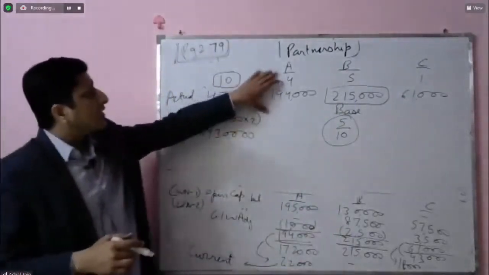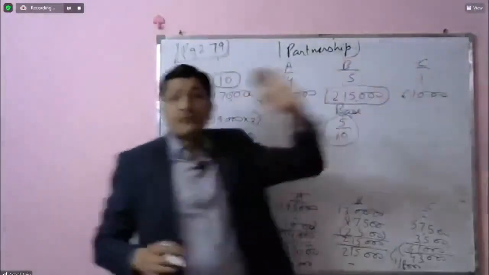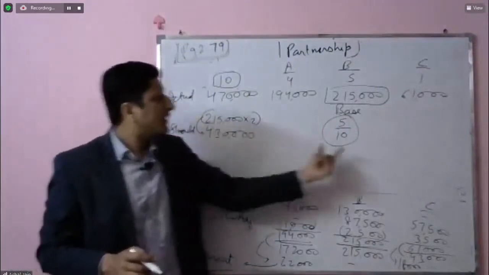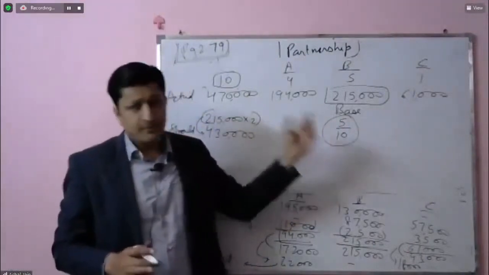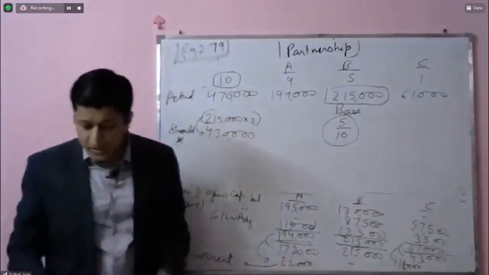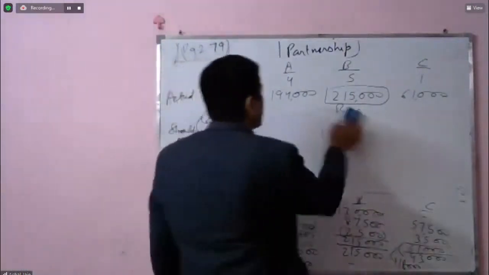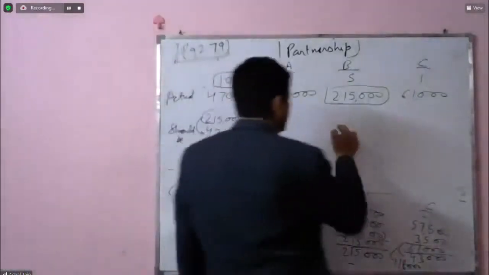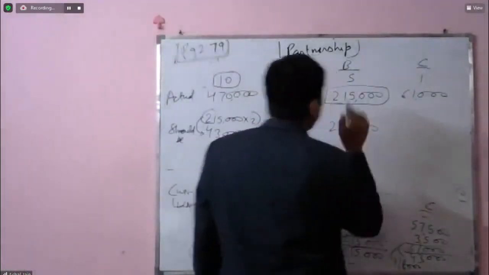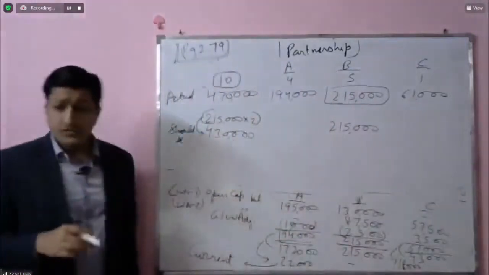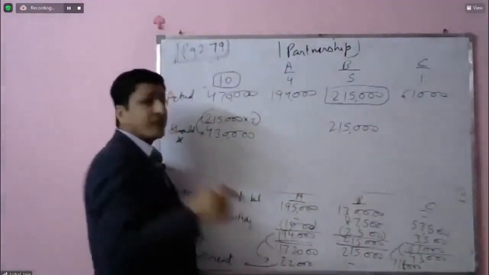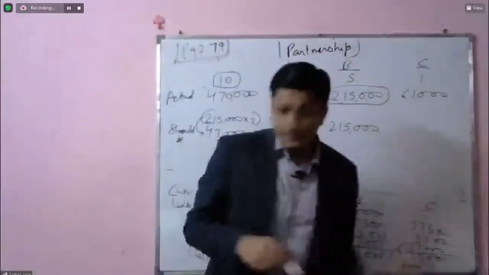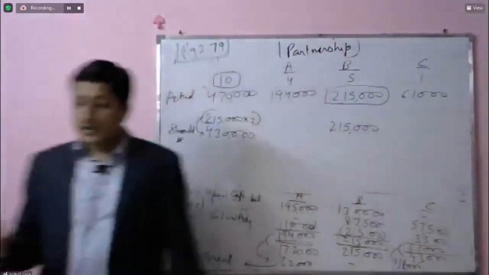Because the other two partners A and C will hold 2,15,000, because 2,15,000 will also be held by B. So all in all, it would become 4,30,000. Out of 4,30,000, 2,15,000 will be held by B. So which means the 2,15,000 which remains has to be distributed between A and C in their new ratios.